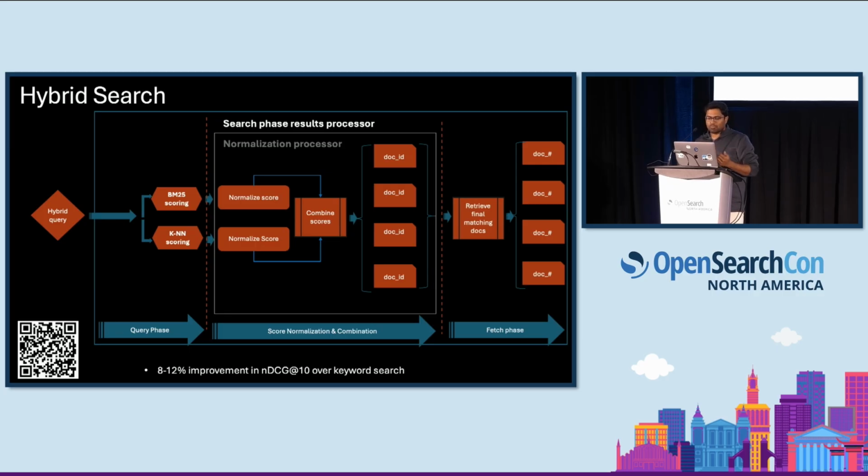It could apply normalization techniques like min-max normalization, L2 normalization, and then score combination techniques like arithmetic mean, geometric mean, and harmonic mean. From our experiments, we understood that by default, the normalization technique with min-max and arithmetic mean gives you better results. So that's our default, but you can always change these based on your data workloads. You could slice and dice these techniques and understand which gives better results.